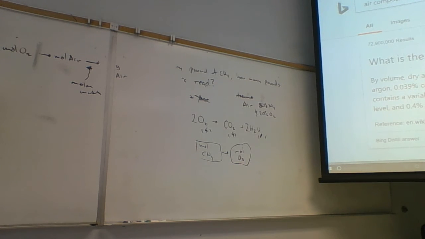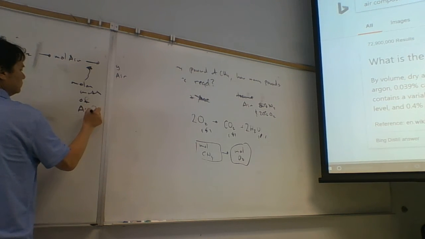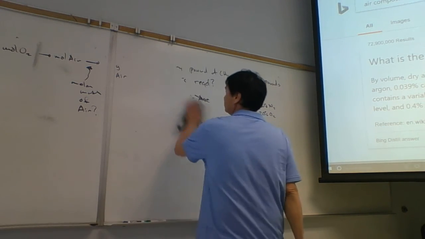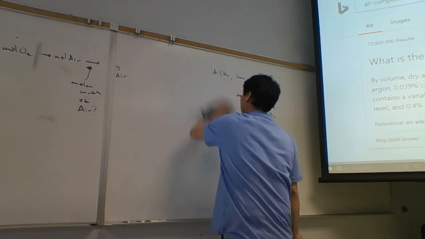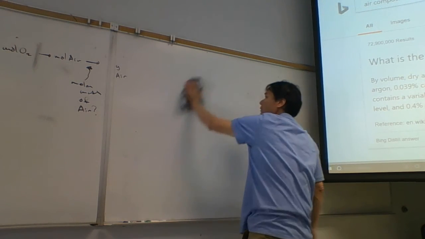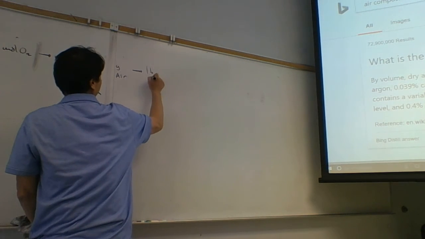So it's 16.05 grams per mole for methane. But what about the molar mass of air? What is the molar mass of air? That I'll have to figure out. Then once we're at grams of air, we go to pounds of air.